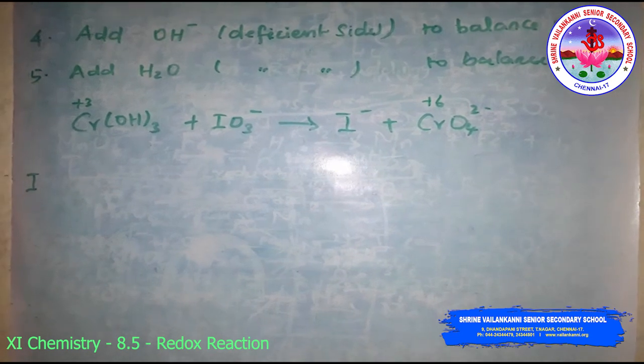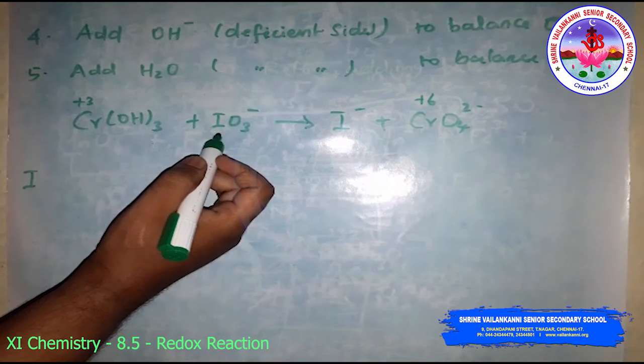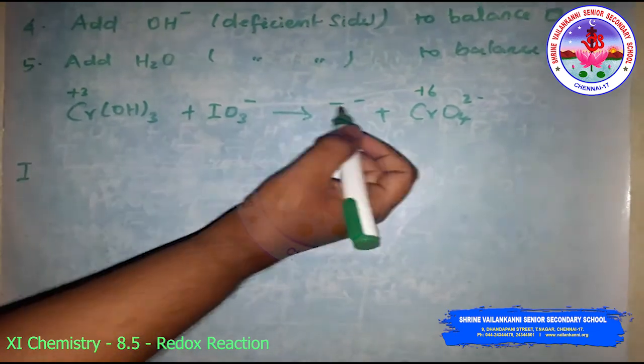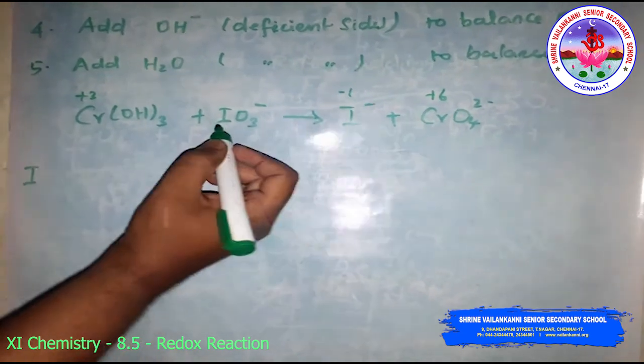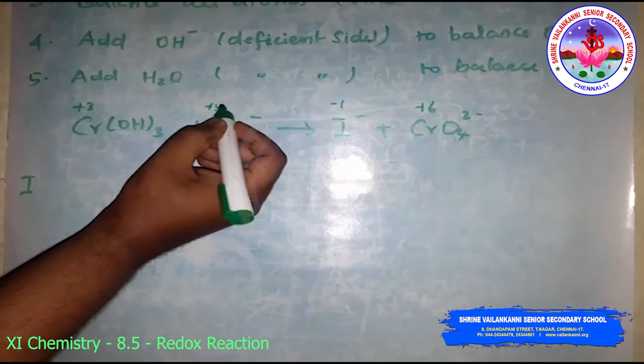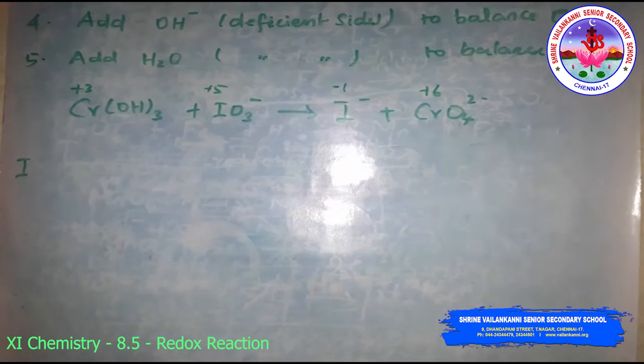Okay, then IO3⁻. See, IO3⁻, here I⁻ is minus 1, and here O3 is minus 6, so minus 1 plus 5. Okay, iodine has plus 5 on this side and on the opposite side minus 1.